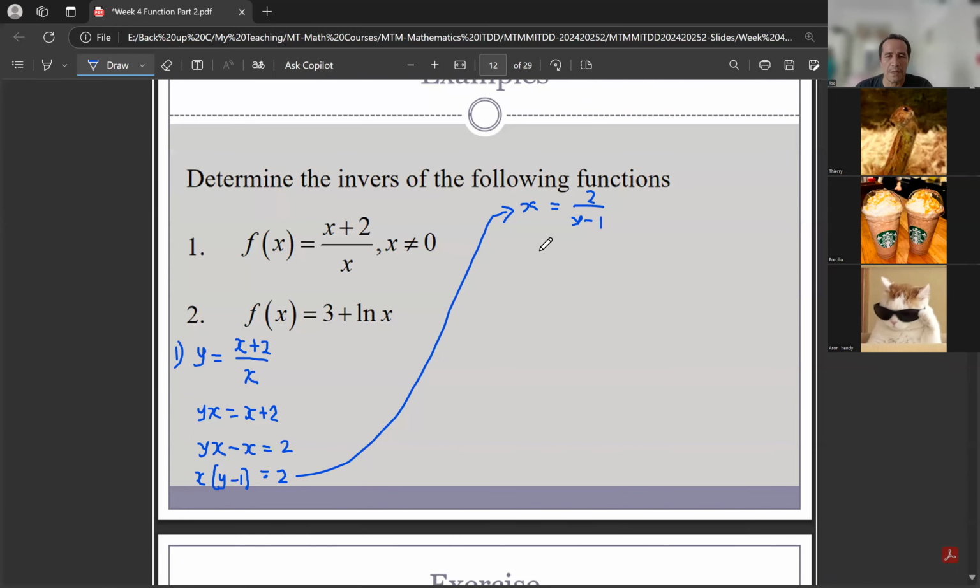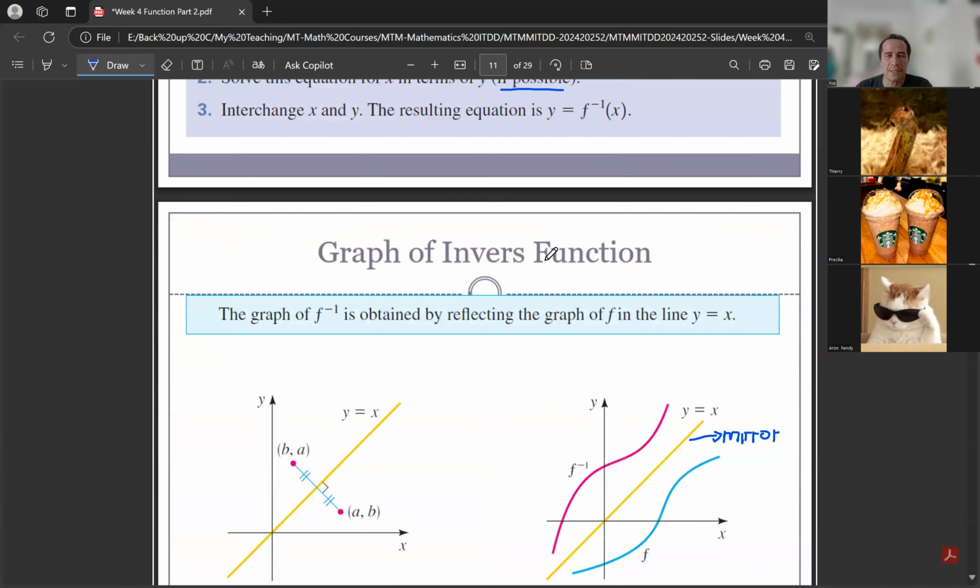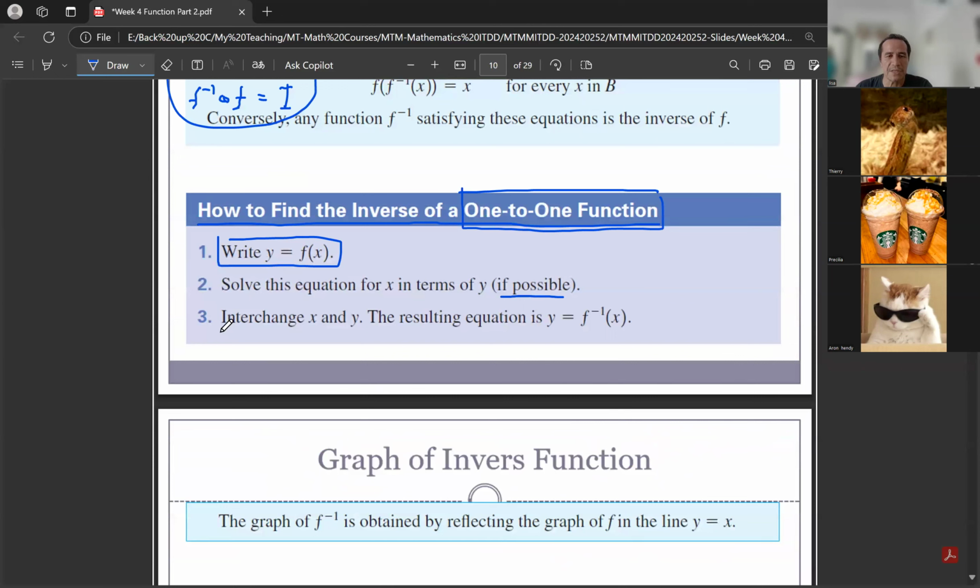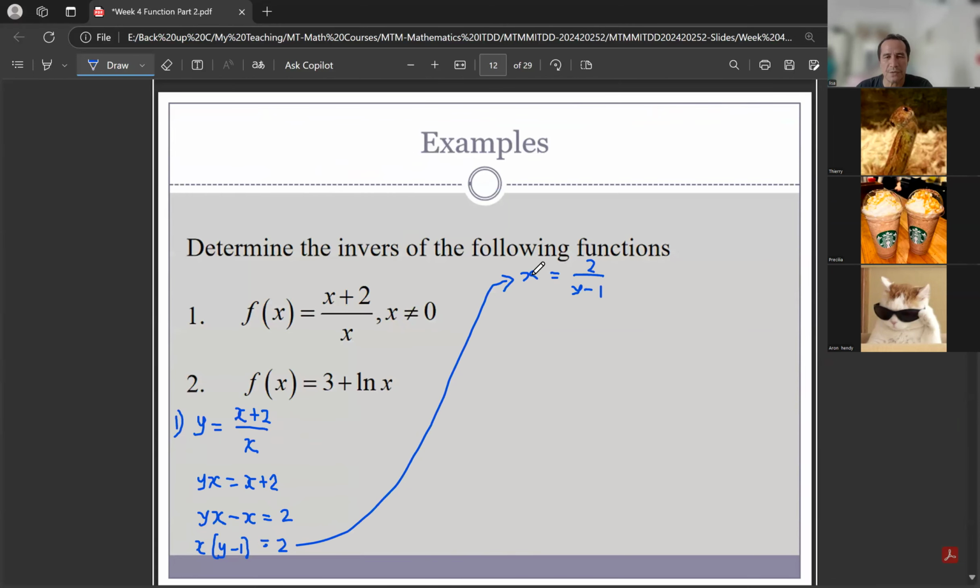In step 3, we interchange x and y. Interchange x and y. So y becomes x, x becomes y. So we have 2 divided by x minus 1.